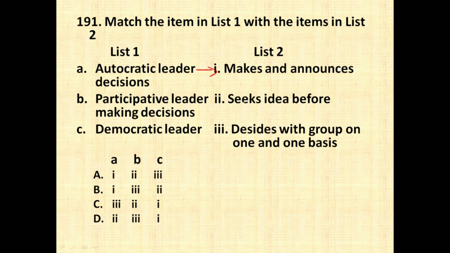Participative leader is one who decides within the group on one-to-one basis. So he asks in the group on one-to-one basis and then he gives his suggestion or decisions. And democratic leader is one who seeks idea before making decisions. He asks all his teammates or followers and then he takes the decision. So A1 we have 2 options, B3 we have only 1 option, that is option number B.